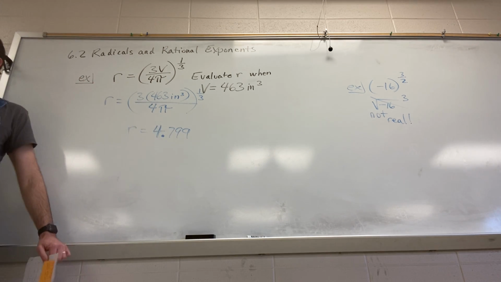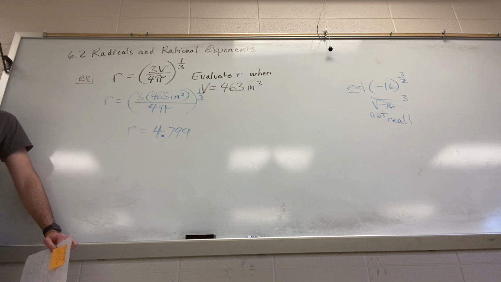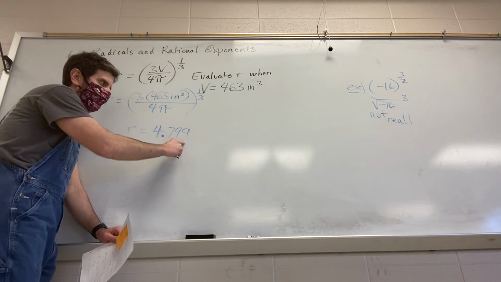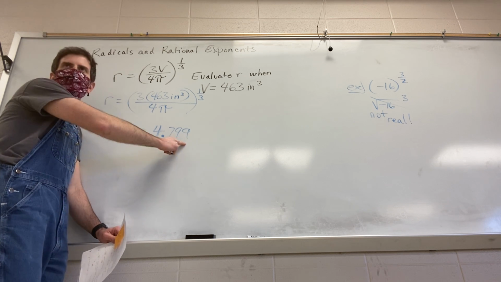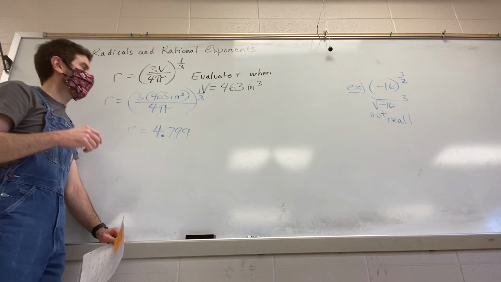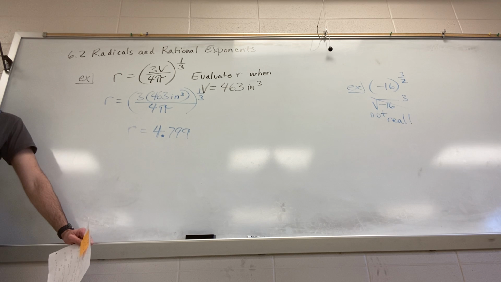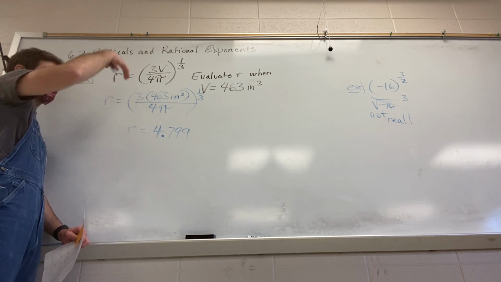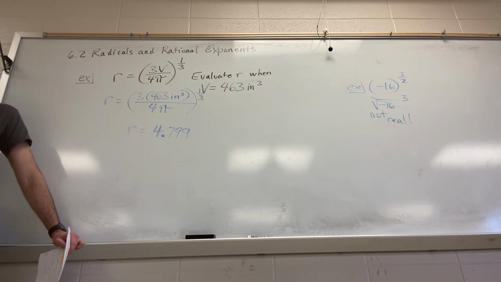If you have this problem, it might say to round to the nearest 100th or nearest 10th or something like that. So we just want to check our instructions and see what they say. This didn't specify, so that means you can round it to whatever you want.